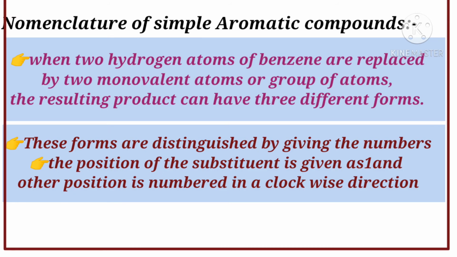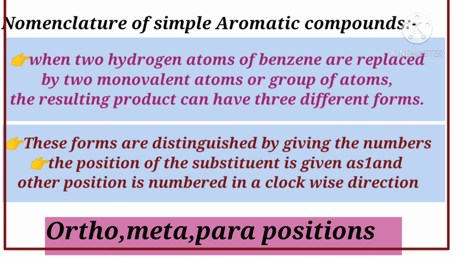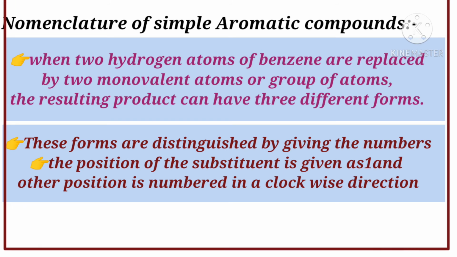When 2 hydrogen atoms of benzene are replaced by 2 monovalent groups or groups of atoms, the resulting product can have 3 different forms. The forms are distinguished by giving numbers. The position occupied by one of the substituents is given as 1 and the other position is numbered in the clockwise direction, that is ortho, meta, para.